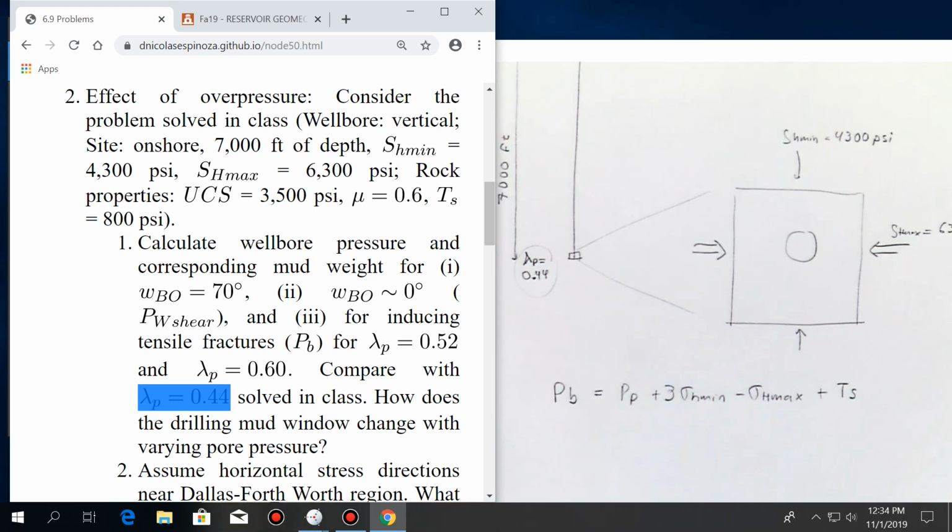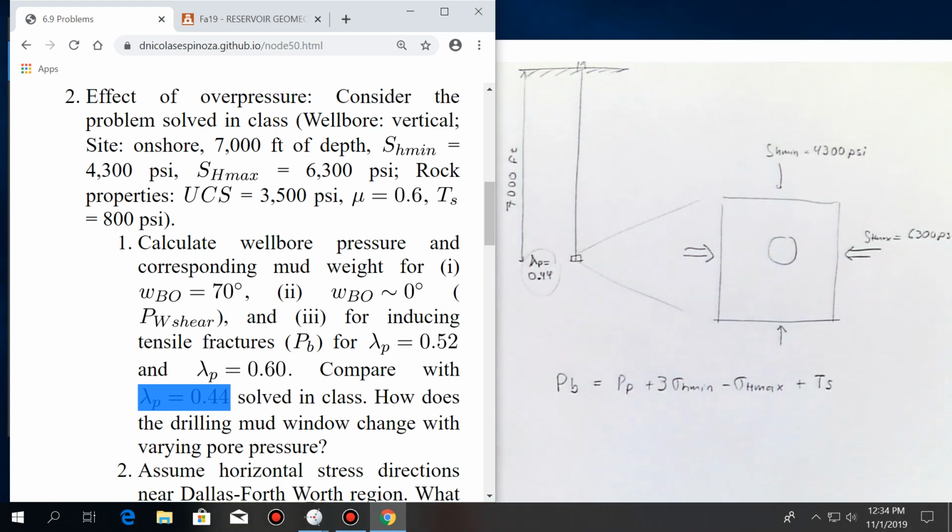Yeah, I got 4320 psi. 4320. And that's a correct answer. Congratulations. What was your pore pressure? 3080.